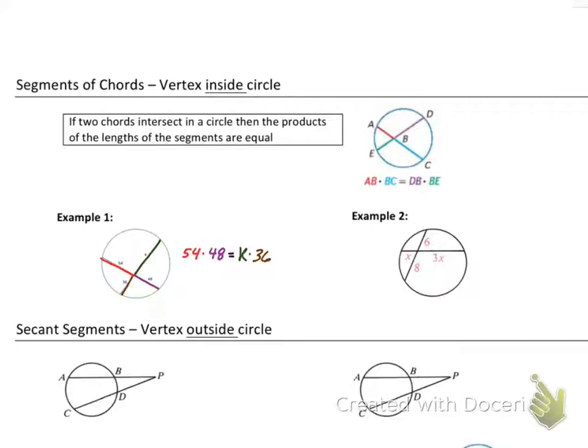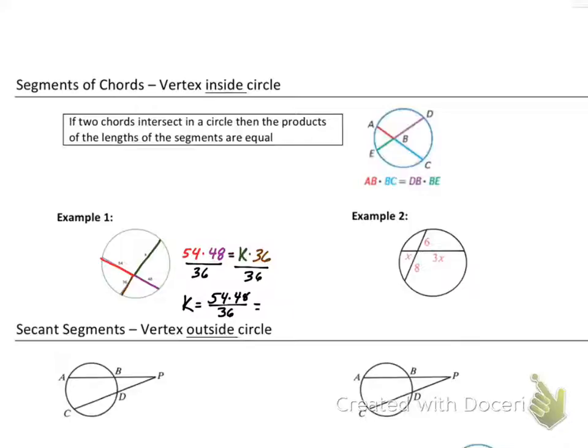So now we just divide both sides by 36, and we're going to have K equals 54 times 48 divided by 36. What was the answer to this one?